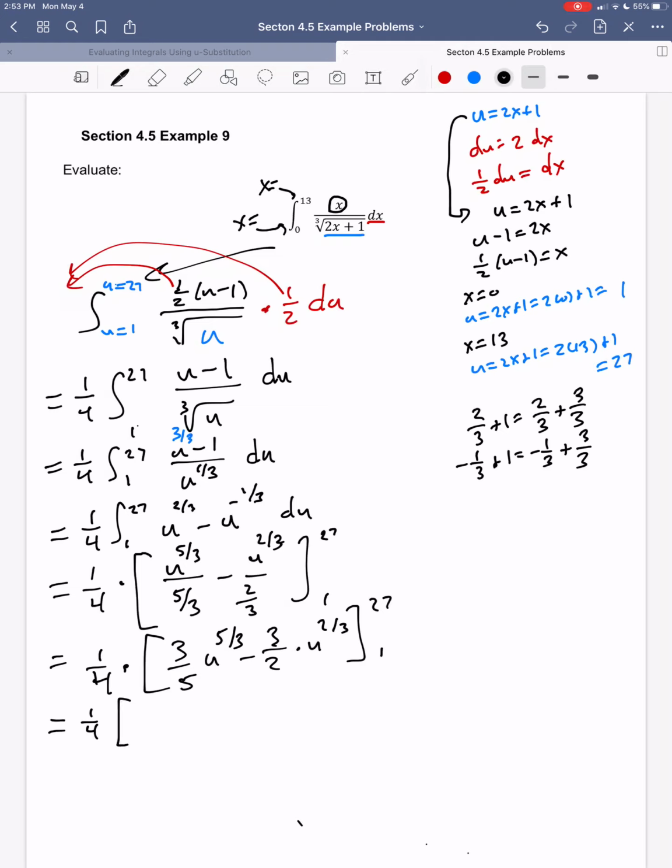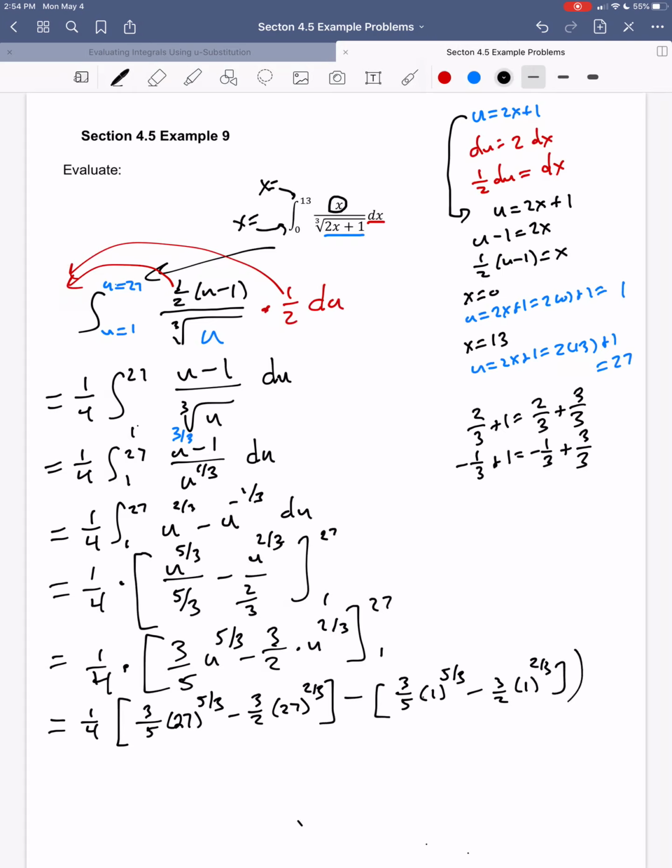So I plug in 27. 3/5 times 27 to the 5/3 minus 3/2 times 27 to the 2/3 minus, I plug in 1, 3/5 times 1 to the 5/3 minus 3/2 times 1 to the 2/3.